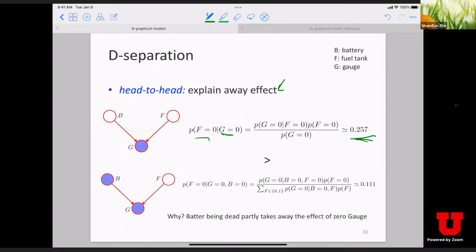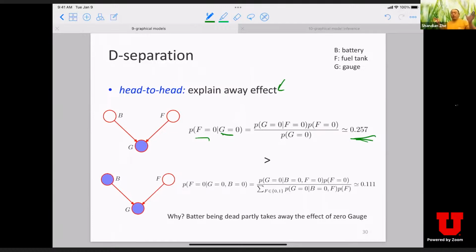And case two is that I not only observe my 0 gauge reading, but also observe that my battery is dead. So now we are conditioned on more information. We not only know the gauge reads 0, but also know the battery is dead.